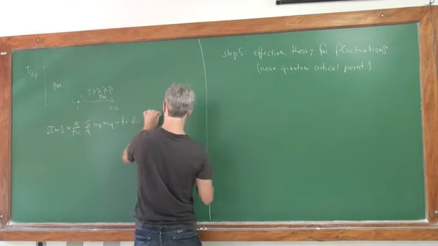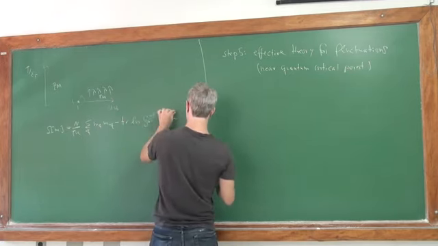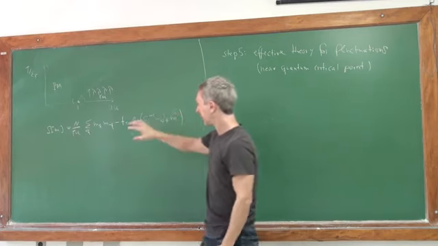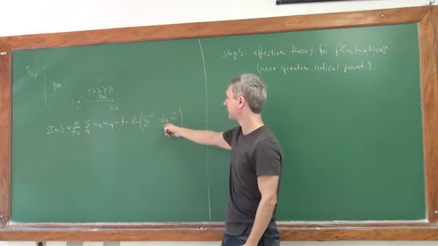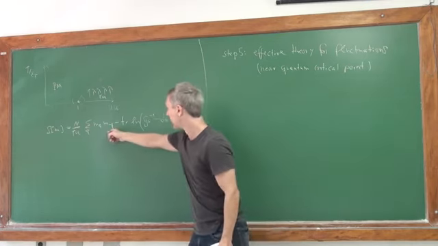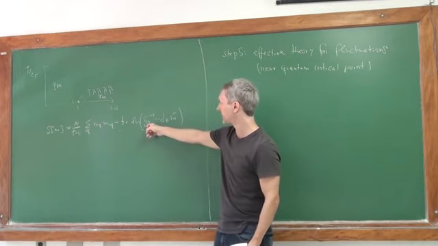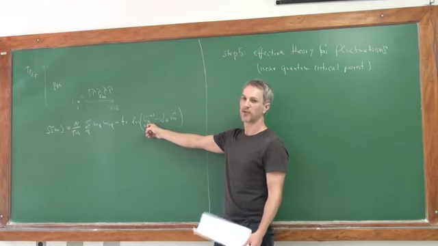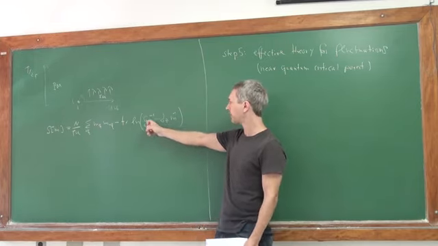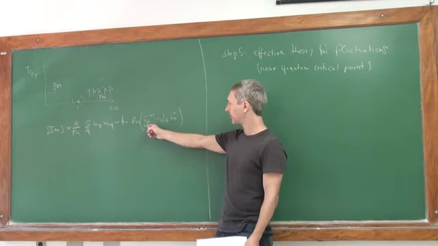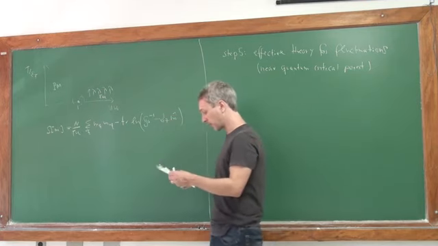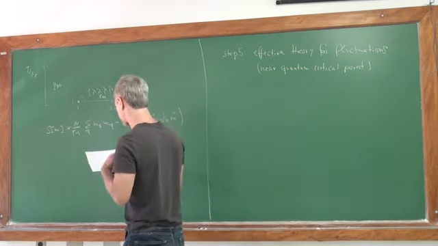The effective action, after introducing the Hubbard-Stratonovich field and integrating over the electrons, was just this action here, where this is a free electron Green's function, i omega_n minus epsilon_p plus mu, and this is the Hubbard-Stratonovich field.